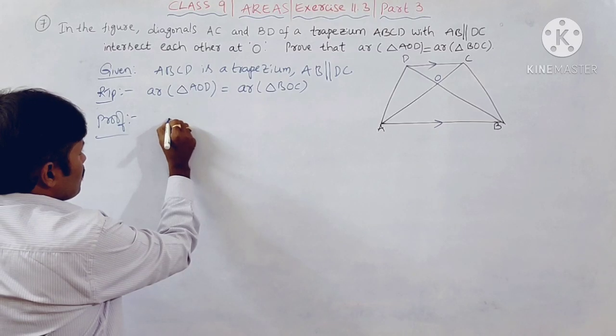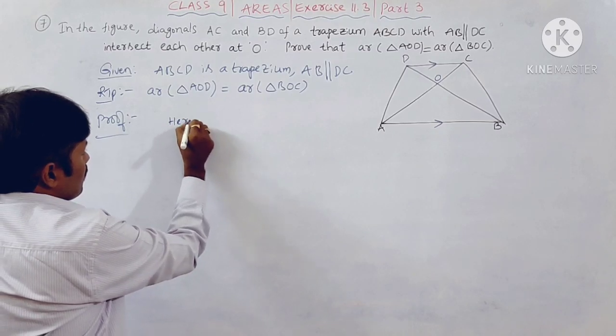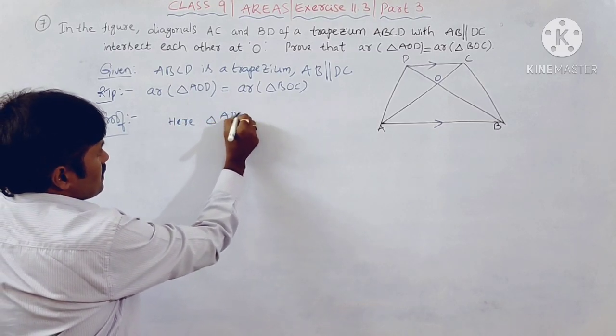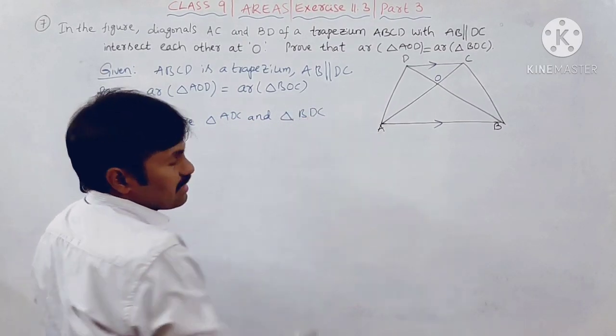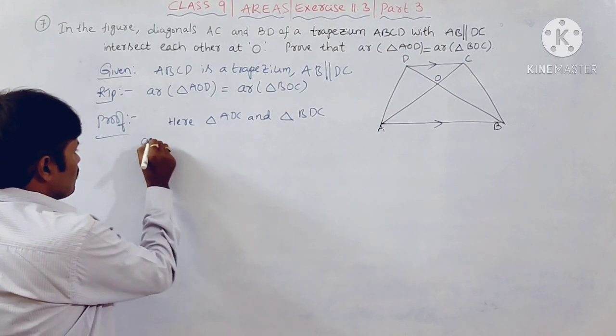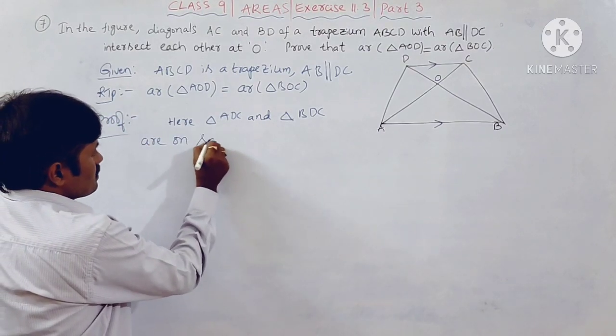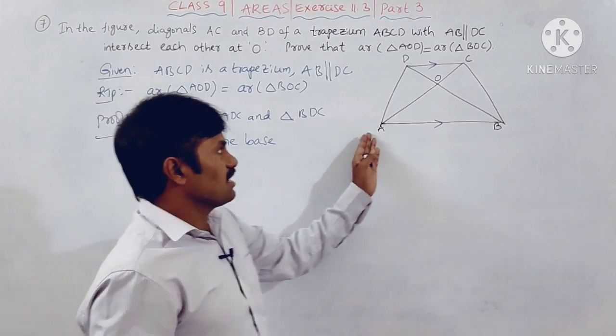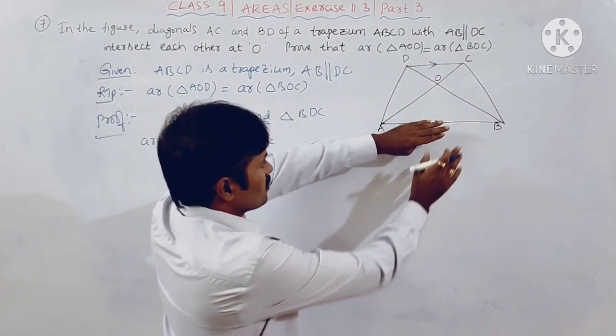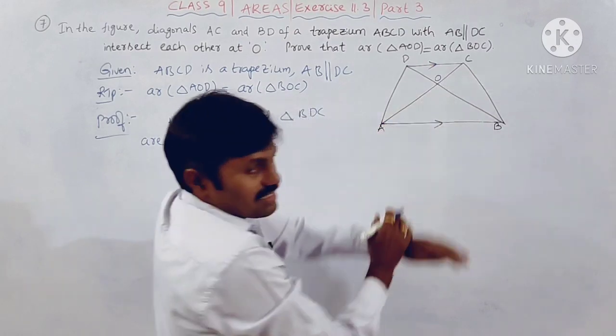So here triangle ADC and triangle BDC are on the same base. What is the base here for these two triangles? If you remove this side, DC is the base.